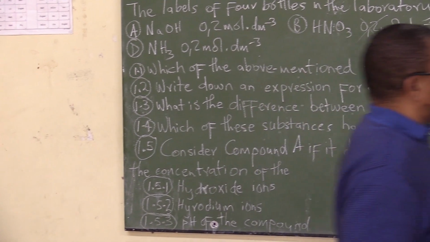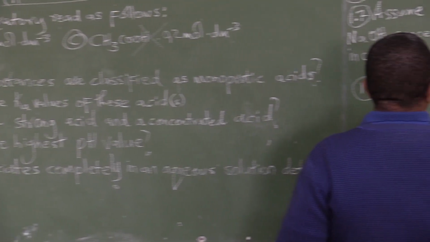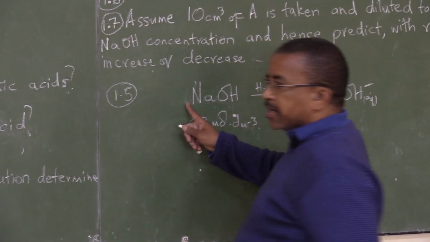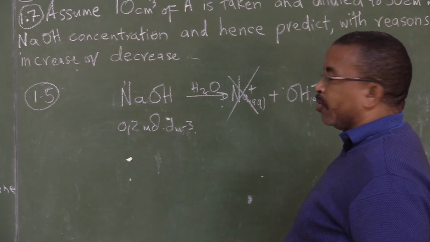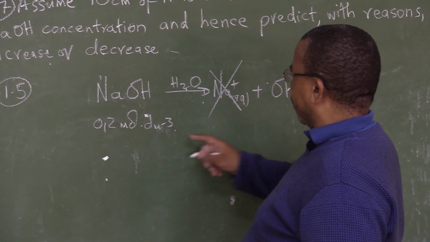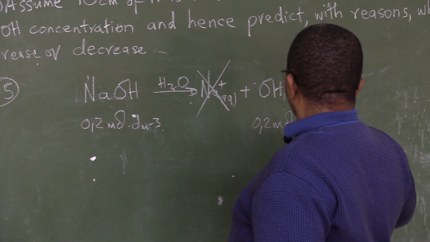What is the concentration of sodium hydroxide? Sodium hydroxide is 0.2 mole per cubic decimeter. If one produces one, so 0.2 mole per cubic decimeter will also produce 0.2 mole per cubic decimeter.